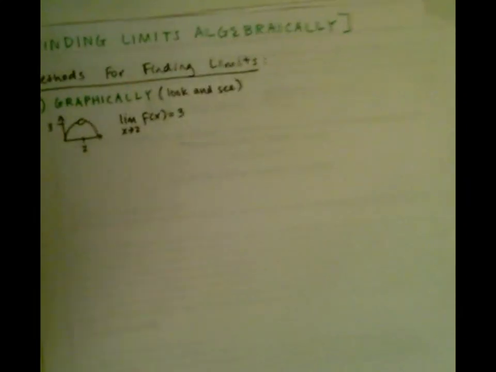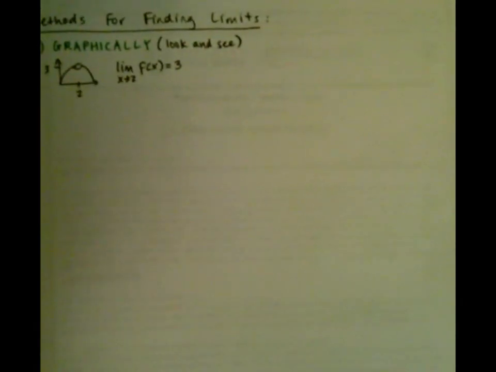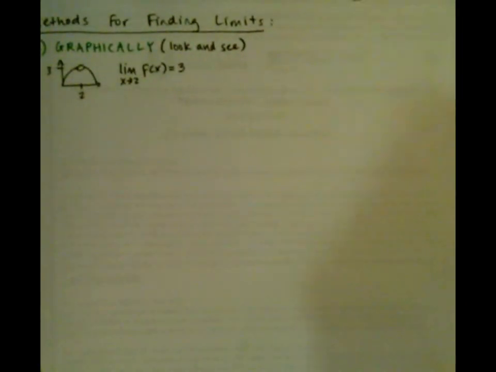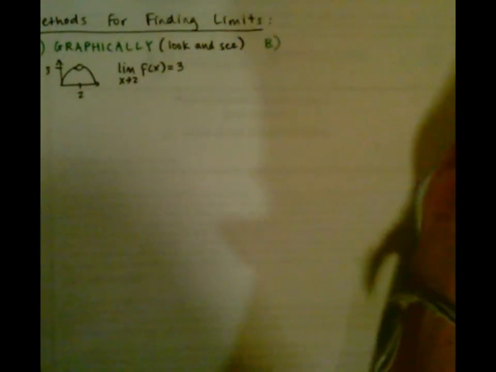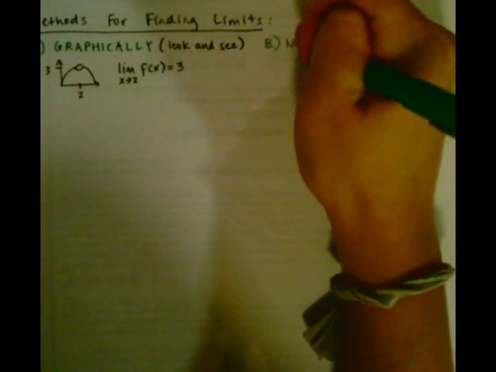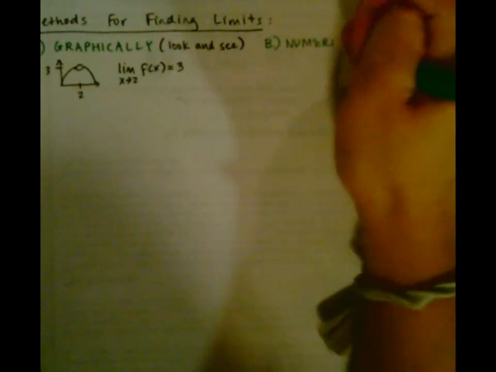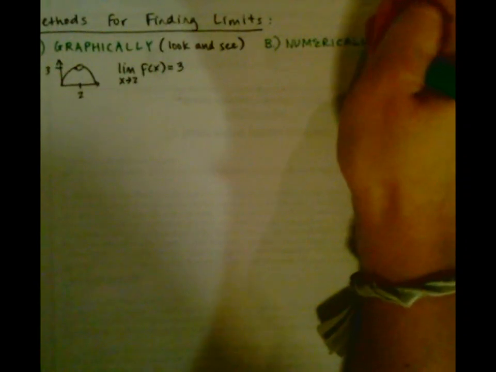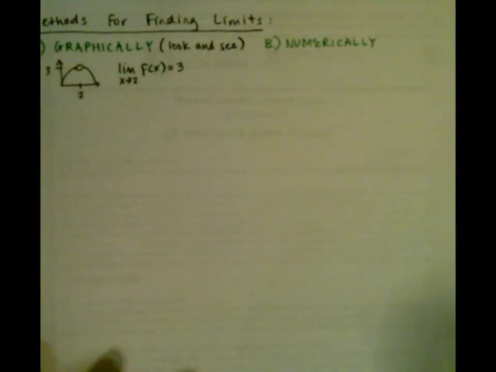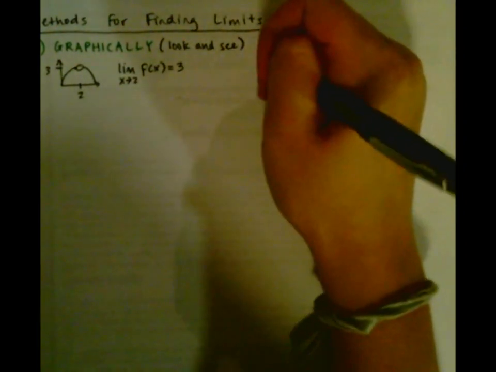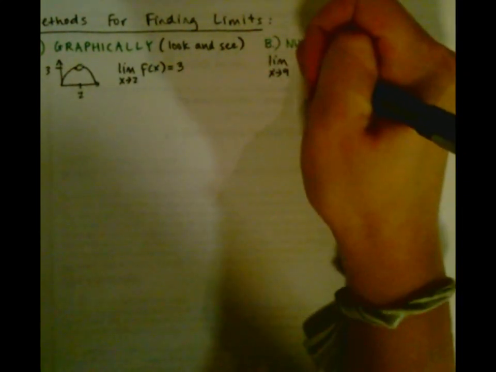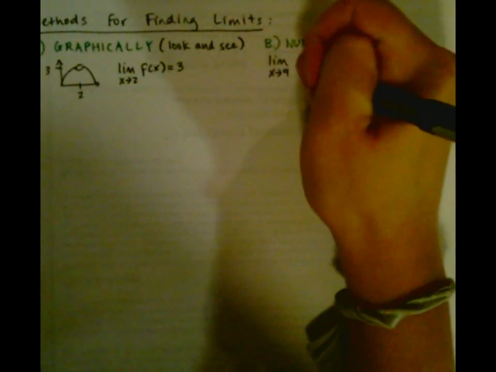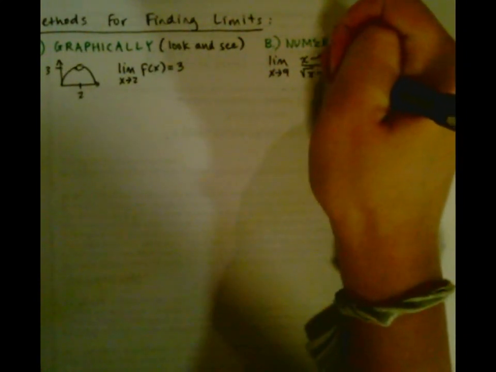Another method we're not going to spend too much time on, but I do want you to see, is numerically. Another way we could find limits is by actually plugging in values for x into the function. Say I give us a kind of weird function: the limit as x goes to 9 of x minus 9 over the square root of x minus 3.